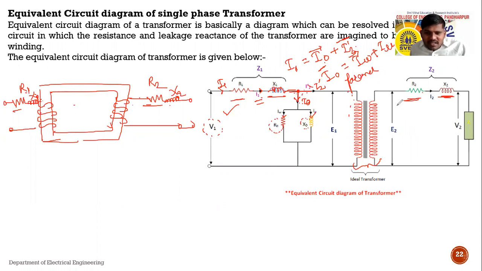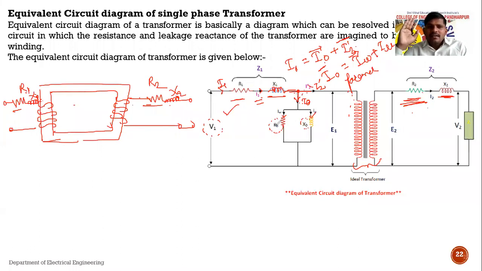Now if we see regarding that equivalent circuit diagram, it is difficult to analyze that equivalent circuit, or it is difficult to solve any problem related to that equivalent circuit diagram. It is very difficult to solve some problem while considering these types of equivalent circuit diagram.